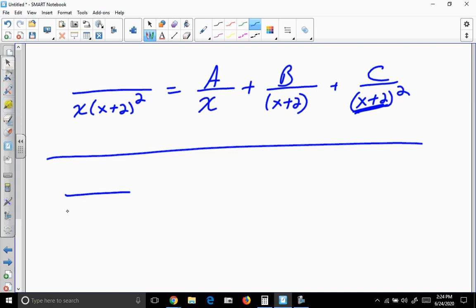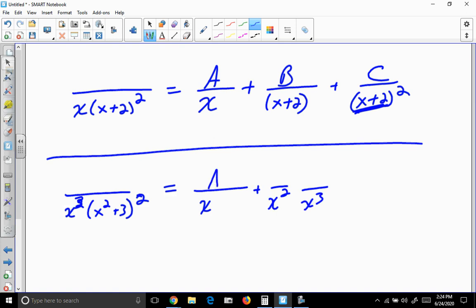We're not going to have one this messy, but if we had, let's say, an x squared and then an x squared plus 3, let's actually make this here and a squared there. So we have this factor repeated 3 times, so we could have an x squared and an x cubed on bottom. That base factor is linear, so we would only have constants on top there.